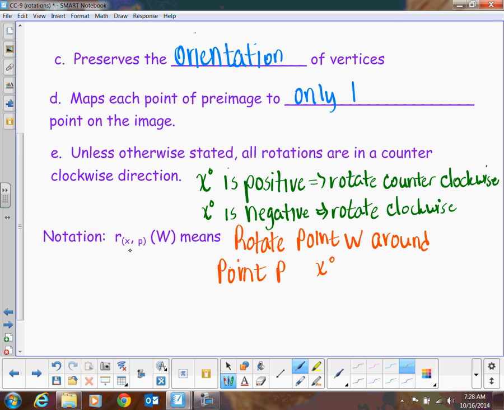So basically the degrees are first, and then you've got your center of rotation. That's what that is. And why did they use parentheses here and they did those funky little gizmos for translation? I don't know.